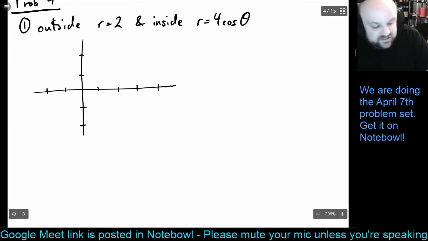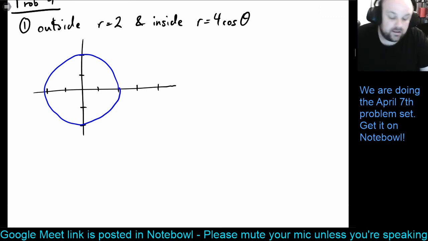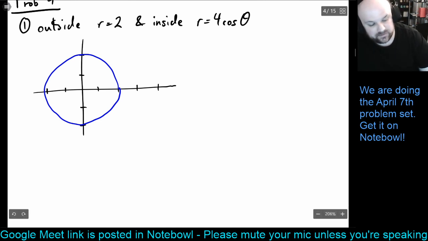Right, r equals 2 is just a circle of radius 2. So there's no real surprise there. The thing you might want to remember, this is from like second week of class, actually. So it's been a little while. But, actually, so let me label this one.